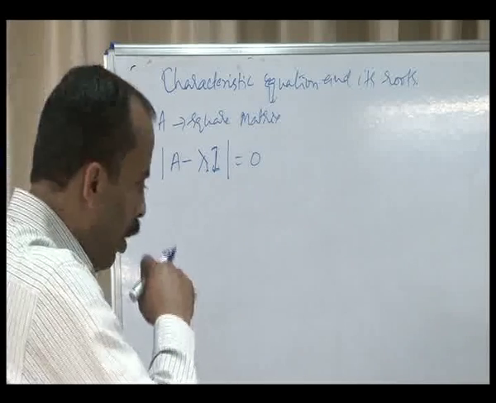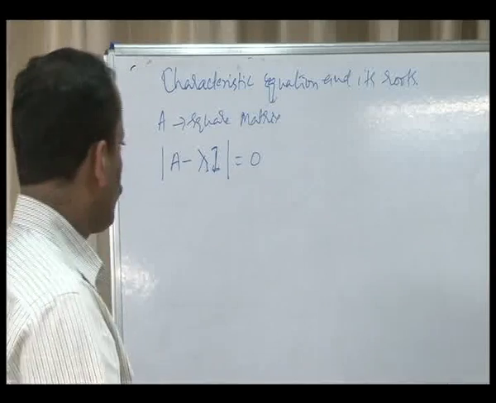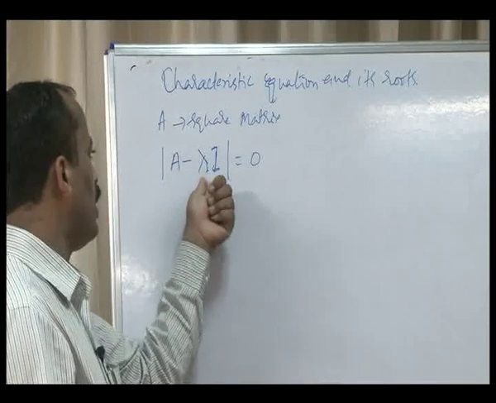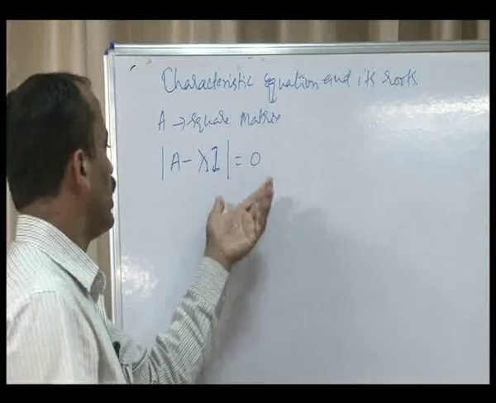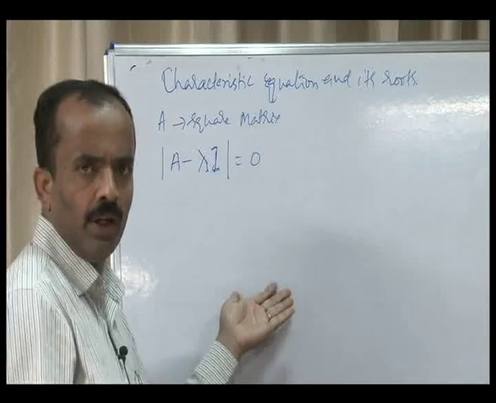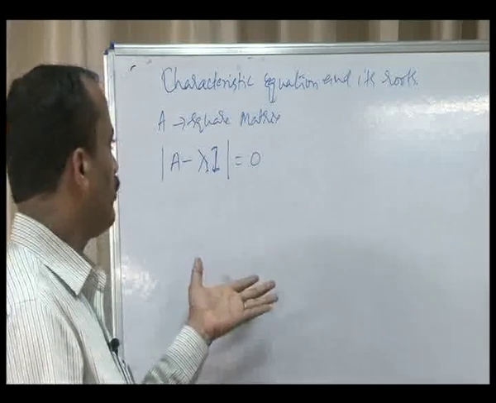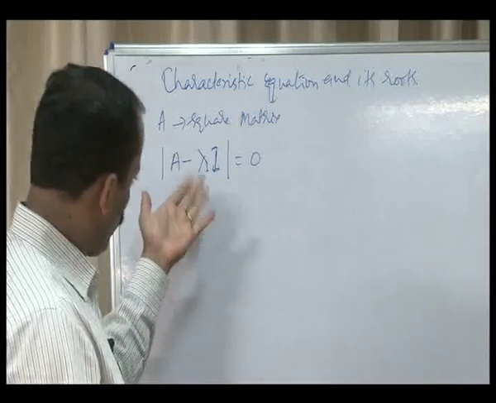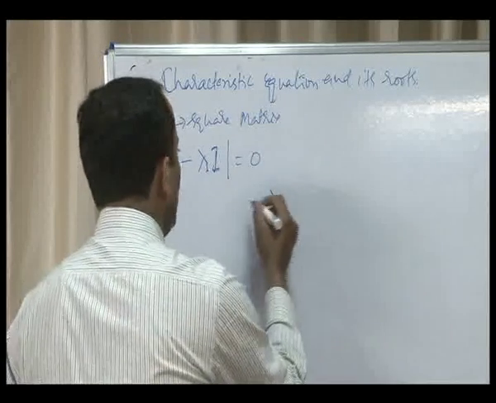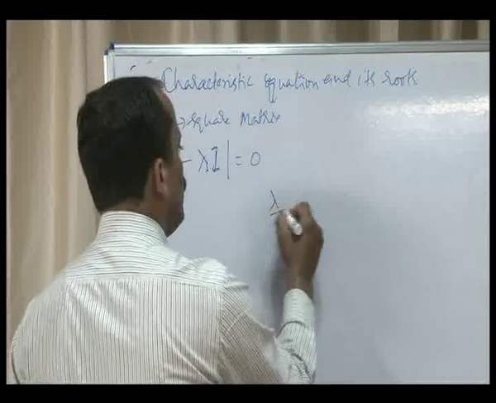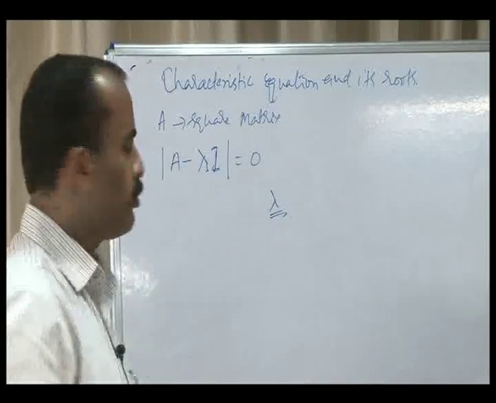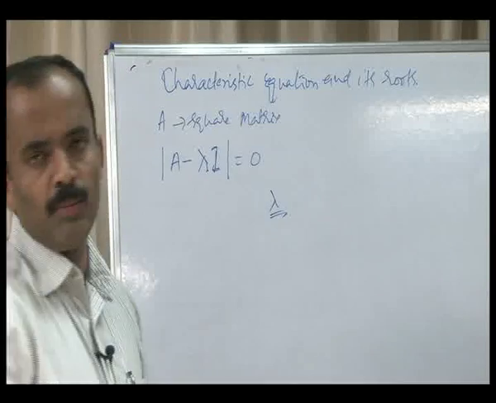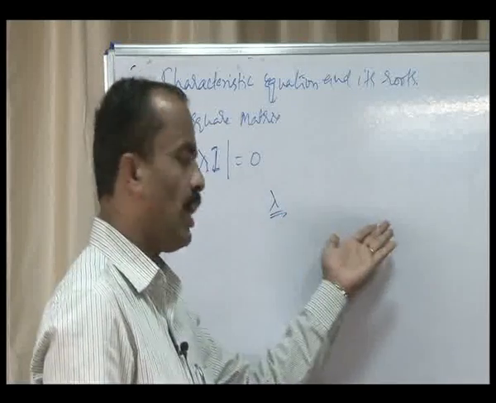Now, suppose by substituting A, lambda and the identity matrix, we get one equation, you solve that equation. After substituting, we get an equation in terms of lambda.